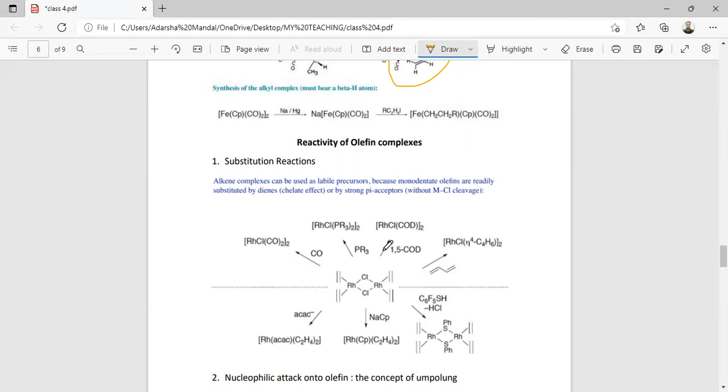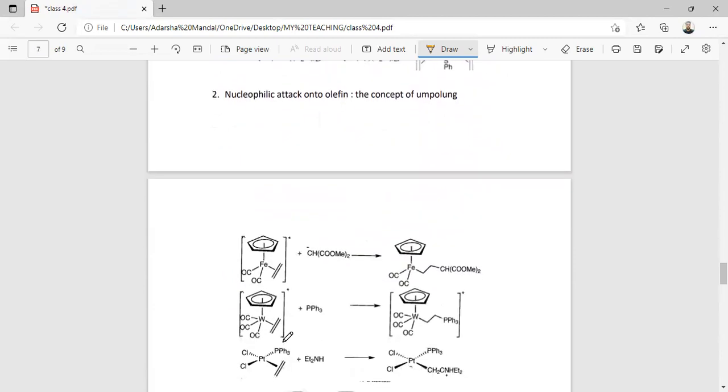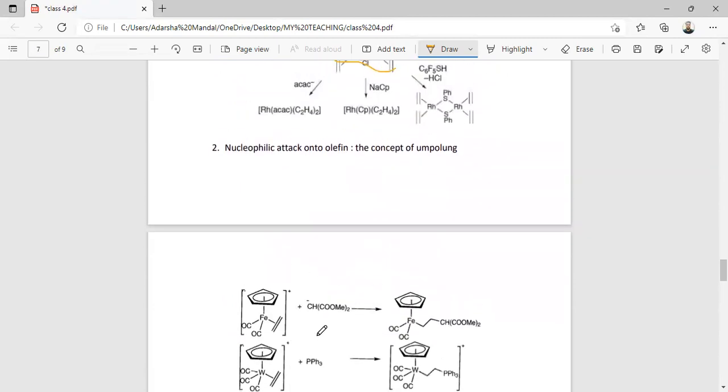Here the rhodium monodentate alkene is substituted by various strong pi acceptor or chelate ligands like 1,3-butadiene or 1,5-COD. That will form the corresponding metal complexes.